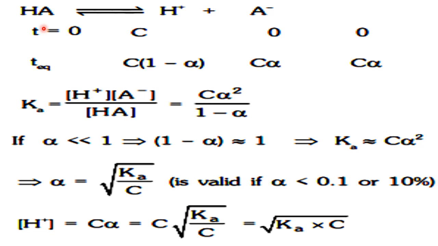Equilibrium means they undergo partial dissociation. So some amount of acid will be there and some amount of dissociated ions are there. So there is equilibrium between dissociated and undissociated acid or base. For complete dissociation, the problem of equilibrium will not arise.